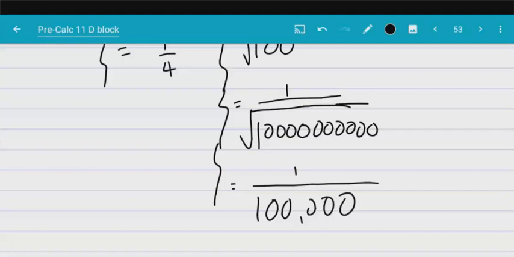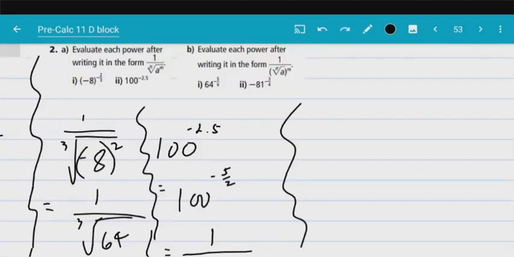Getting the root first and then getting the exponent, doing the power. It's just showing you that it can be done 2 ways.